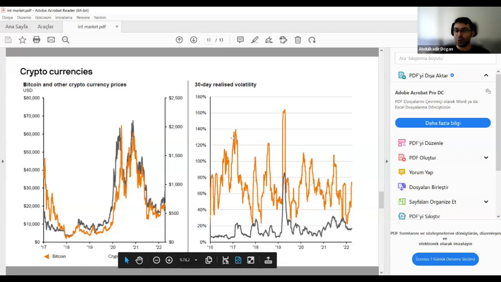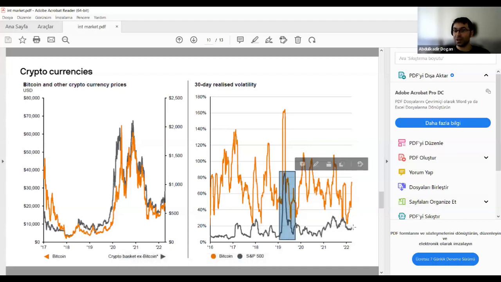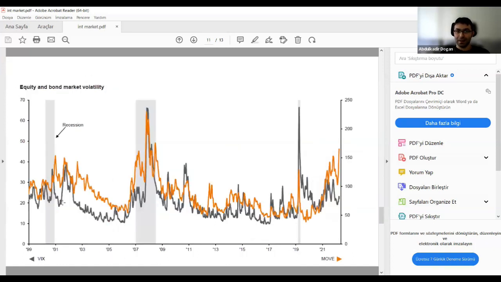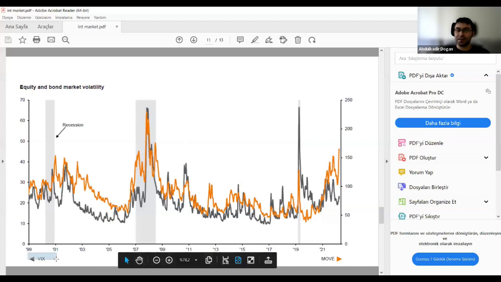As you see, Bitcoin, because it is open to manipulation, has high volatility, but the index, as you see in the COVID crisis, had huge volatility as well. Volatility is now around 20% because the recessionary effect and COVID crisis passed away. As I say, the VIX is the Chicago Board Options Exchange index, generally called the fear index in the market.